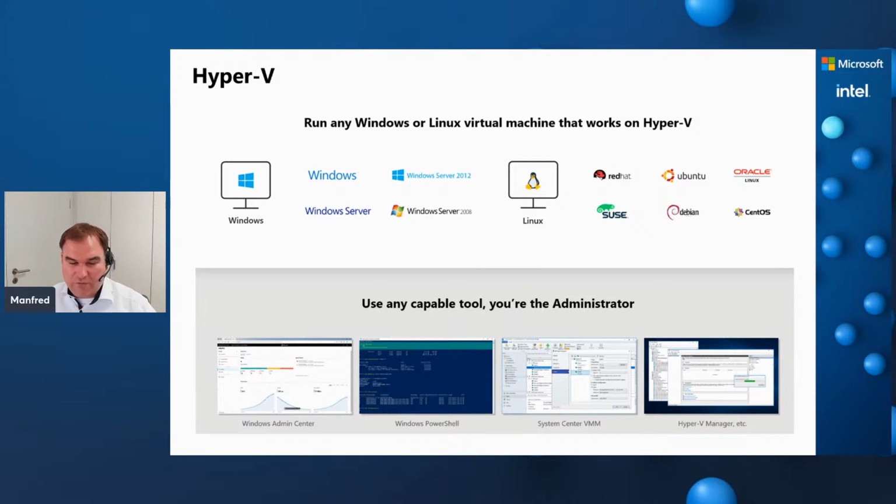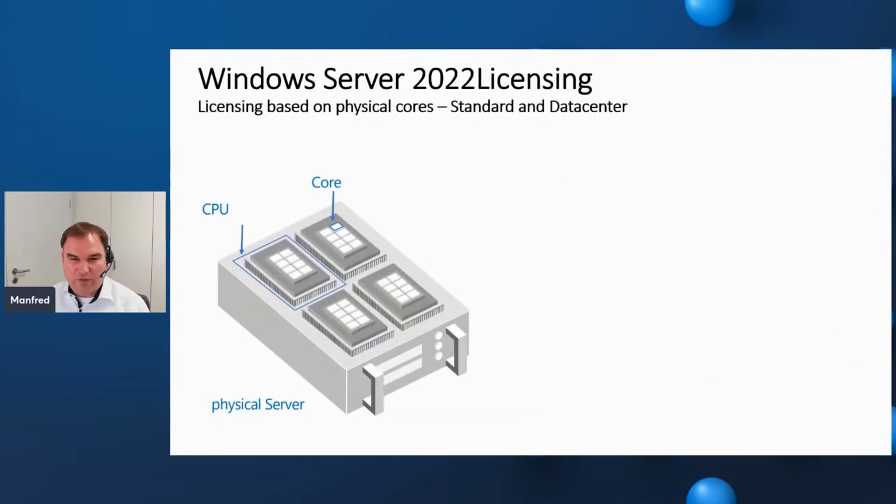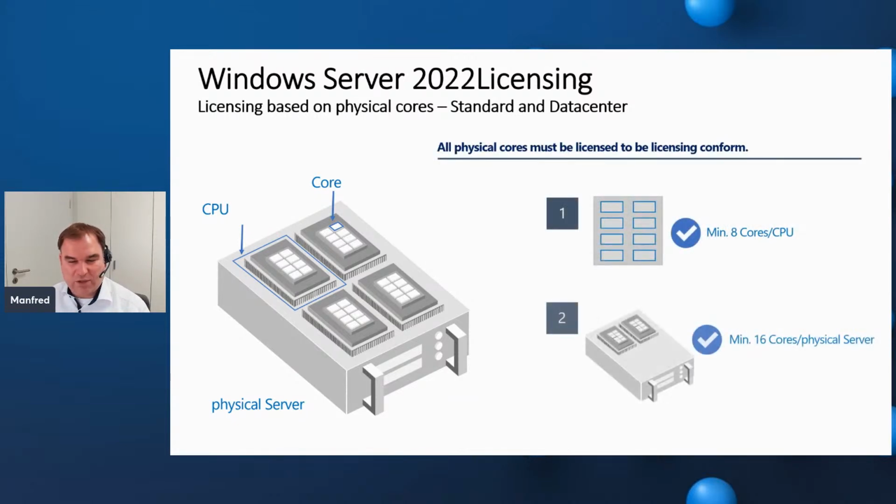To talk a few minutes about the licensing for Hyper-V, it's important that we always license physical cores. So what you are focused on for licensing Windows Server for Hyper-V usage scenarios are the physical cores of your physical servers.